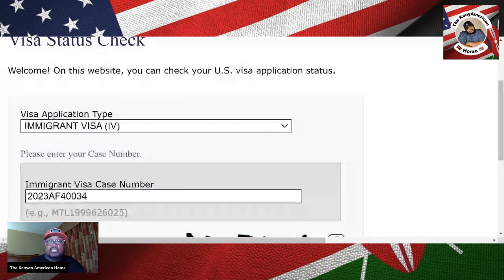That's why you see higher case numbers being processed in one country versus another, and that's really depending on how much the embassy is able to take.